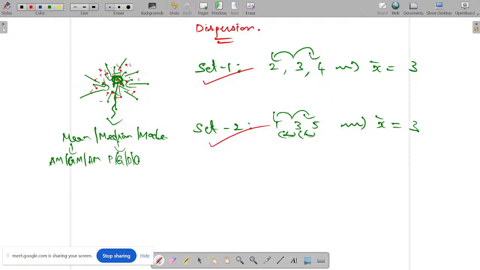But in both the examples I have taken, what is my mean value? Same. Then how can you say which is the best data? Even the measures of average or central tendency play a very important role in statistics. There may be a case where I cannot directly compare.